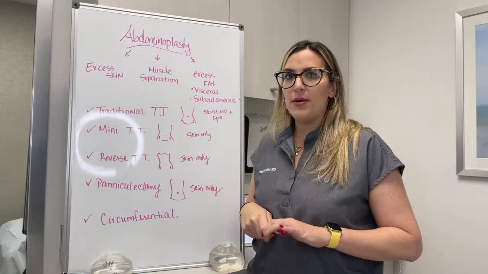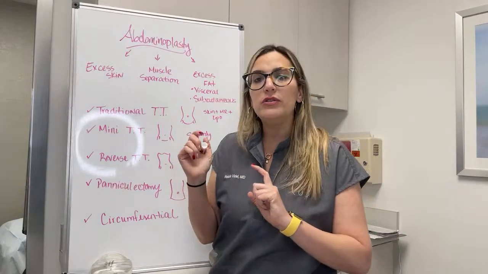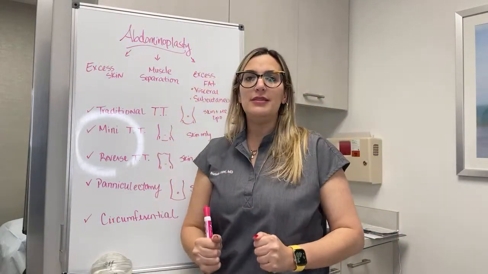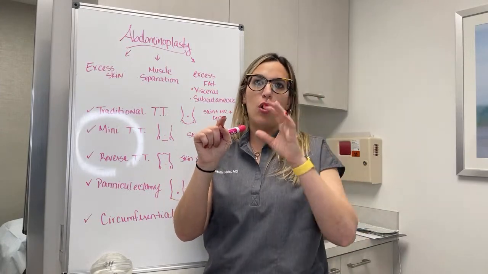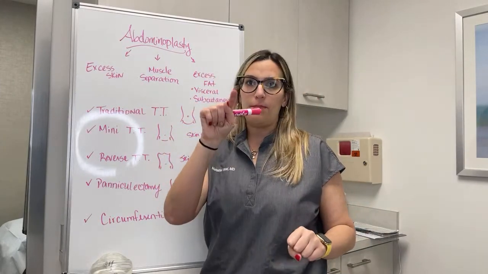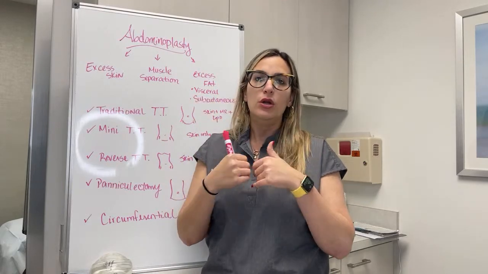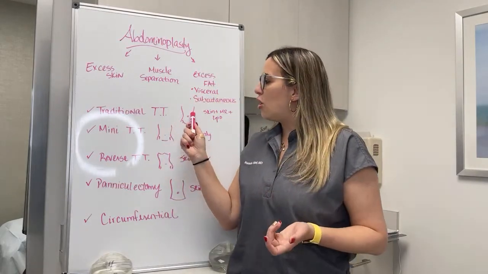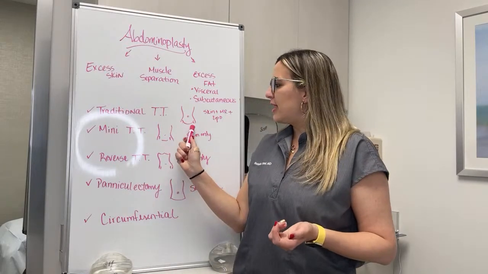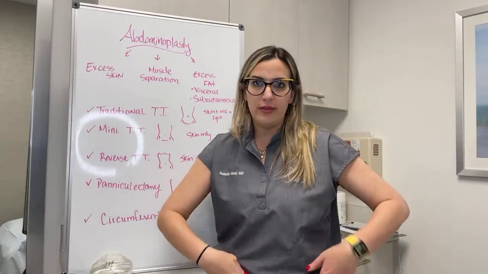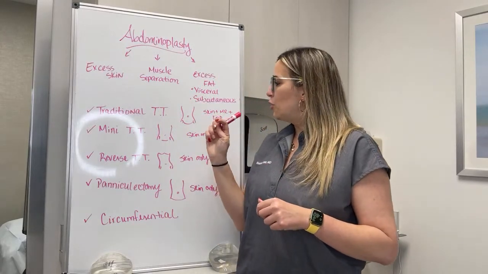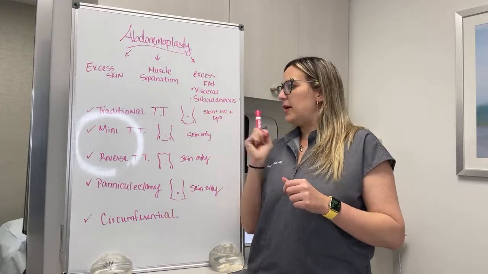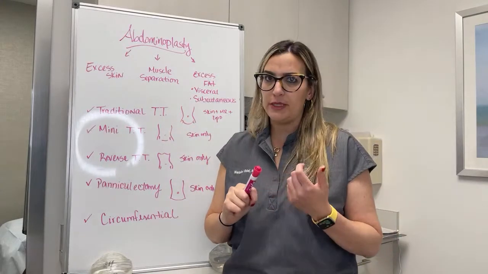And around the belly button, because as I showed you in the previous diagram, I pull the skin down, leave the belly button attached to the abdominal wall, pull the skin over, and then make a new hole to bring it out. So at the end, you're going to have the scar around the belly button and the scar low in the front from hip bone to hip bone, okay? So it involves skin, muscle repair, and lipo. That's the traditional tummy tuck, okay?